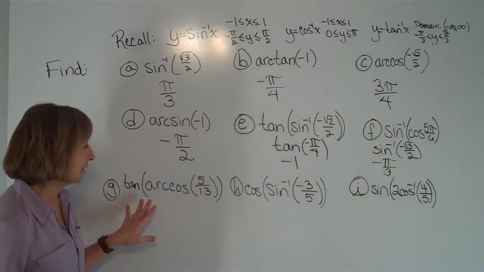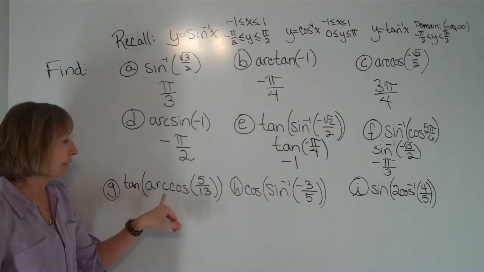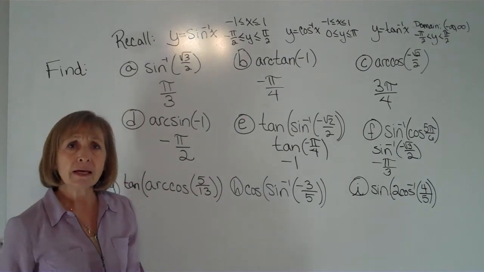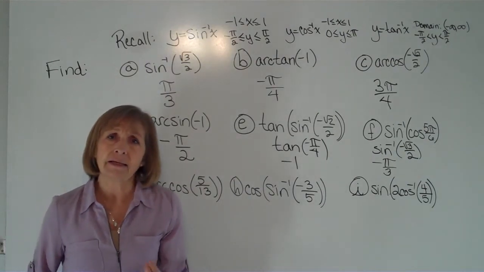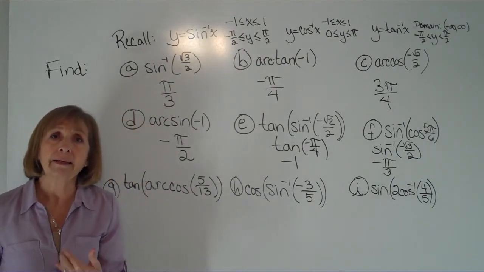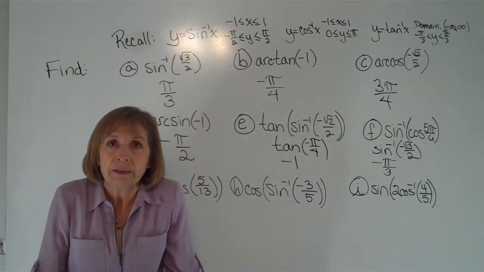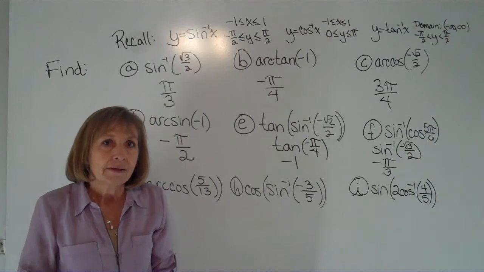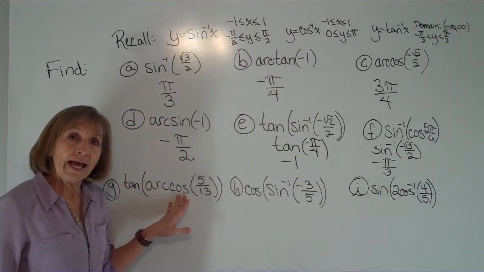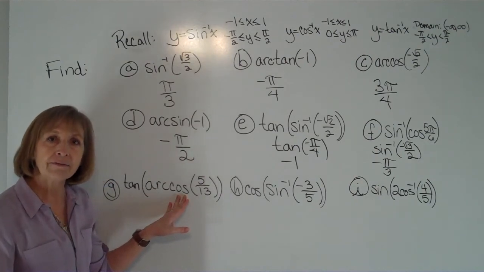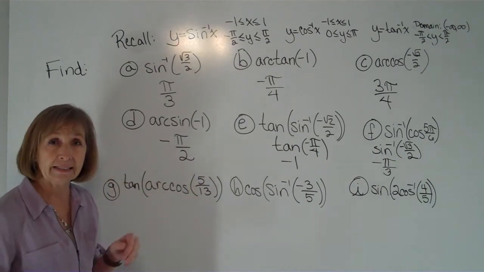Next up is the tangent of the arc cosine of 5/13. Now here's the first time where I wasn't given a question where I have an inverse trig function of a ratio that would lead me back to a nice angle. I don't have an angle within my special angles that would have a cosine ratio of 5/13.